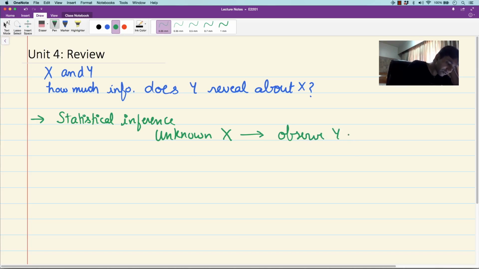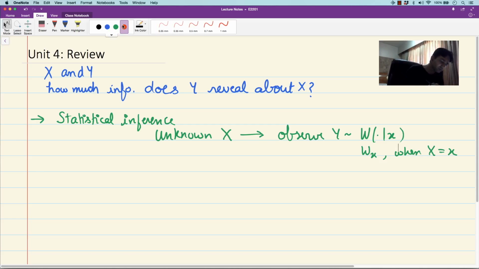The distribution of Y conditioned on X is W(y|x). This is the channel, W_x, when X takes the value x. So X is this unknown, you observe Y, and given a value of X, the distribution of Y is W_x. This is the basic setting in statistical inference.